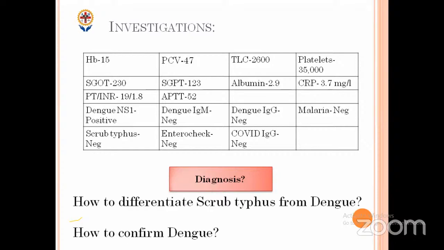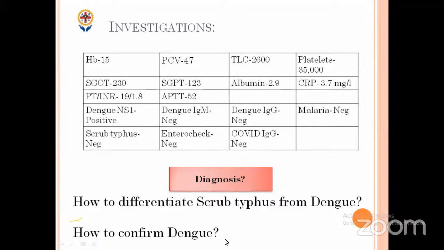And what are the differentiating features of scrub typhus from dengue? Which are the close DDs we encounter in this season. Can we differentiate scrub typhus from dengue clinically? Is it possible? In scrub typhus, sometimes there could be an eschar, sir.